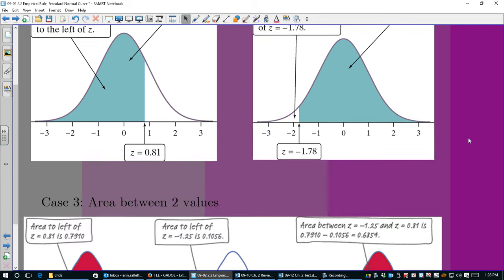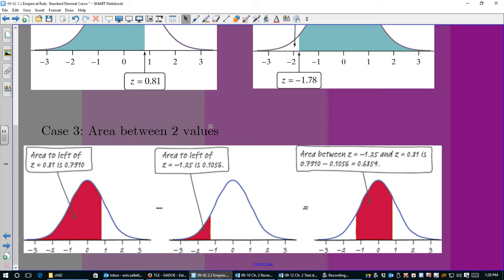There's another case, the case in which I want the area between two values. So what I do is I have to find two z-scores. Let's say I want the z-score here and the z-score here. This is a z-score of negative 1.25, which gives me an area of 0.1056. So this is a z-score for 0.81 and gives me an area of 0.7910.